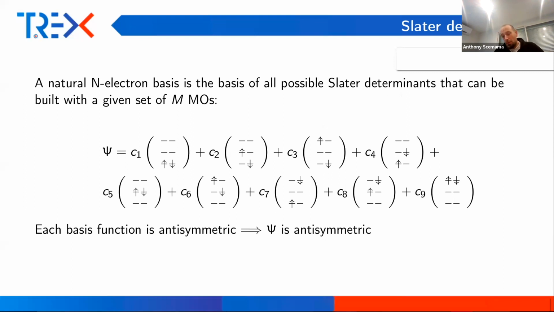So as you want to build psi, which is antisymmetric, it's a good thing to take a basis of antisymmetric functions, so that you will only be able to build antisymmetric functions combining these determinants together. So you really put a physical constraint in it. So that's a good thing.